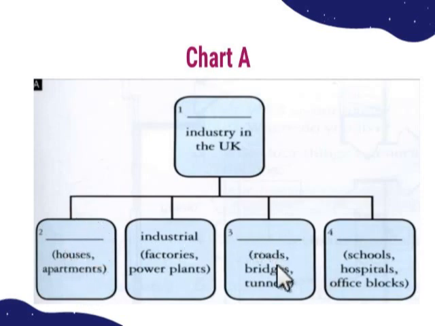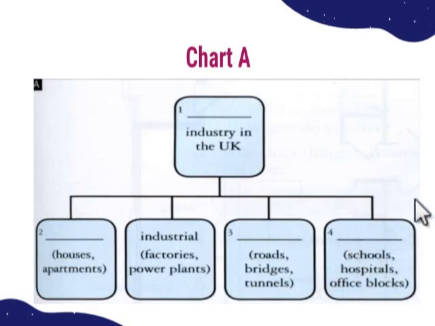And then number three, there are roads, bridges, and tunnels. What kind of construction sector is it? And then number four, they are schools, hospitals, and office blocks. So what kind of sector is it?